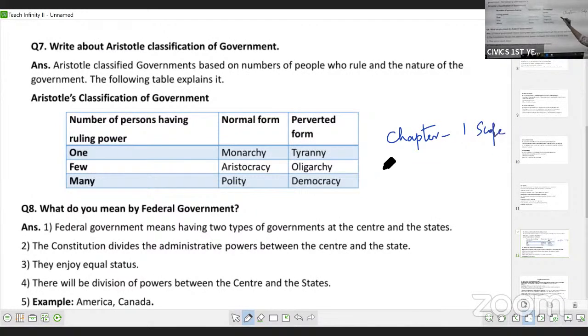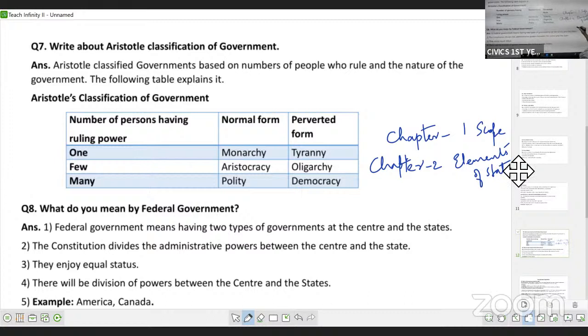Then in chapter 2, you have two LAQs: elements of state and characteristics of sovereignty.